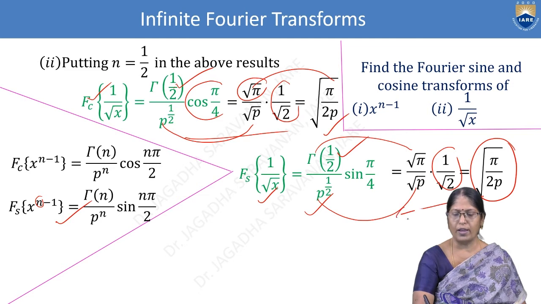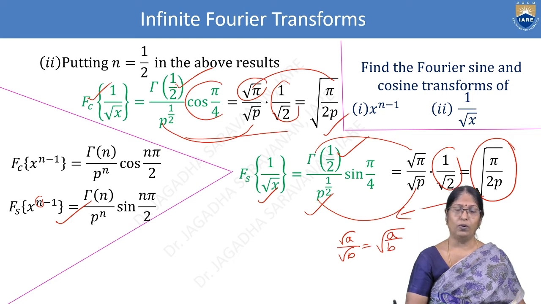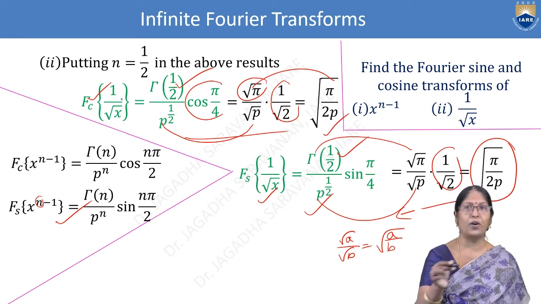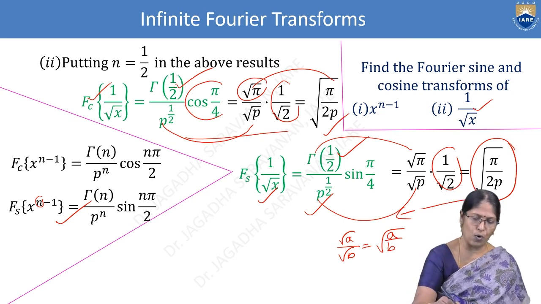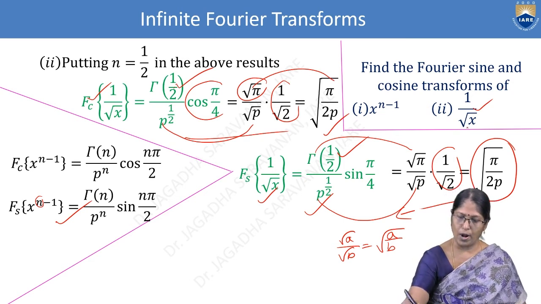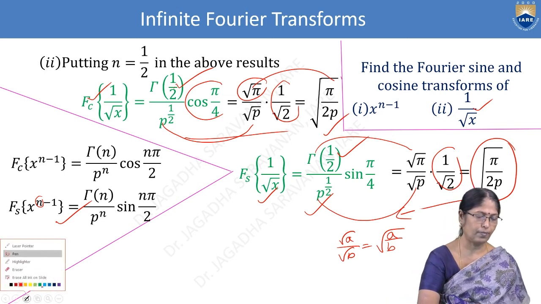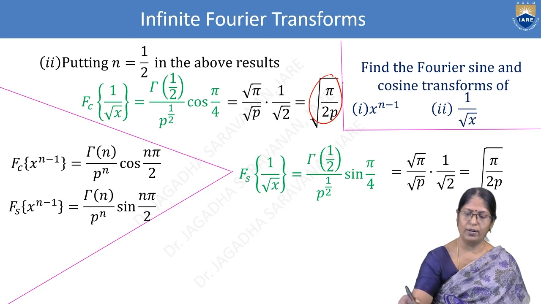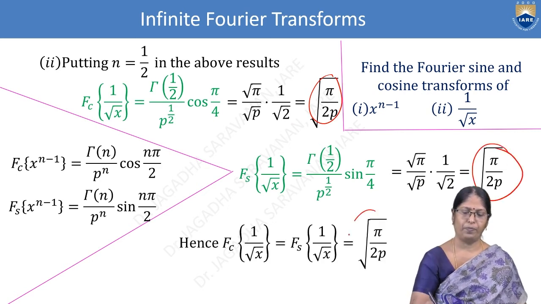This is also a basic formula: root a by root 2b can be written as root of a by b. So the Fourier cosine and the Fourier sine of the second function 1 by root x, both are the same.